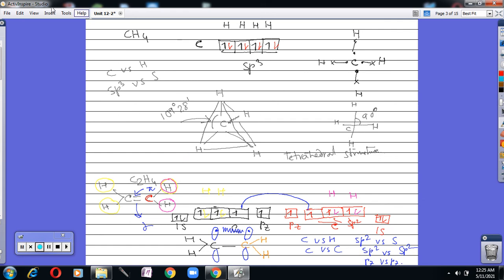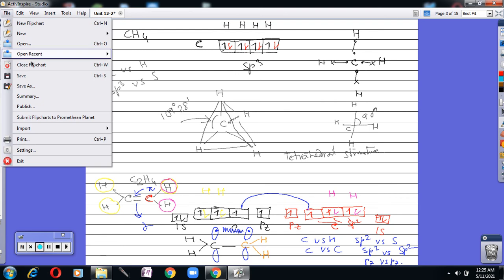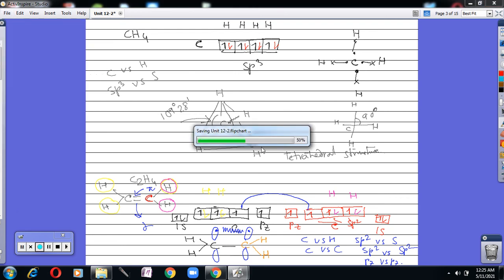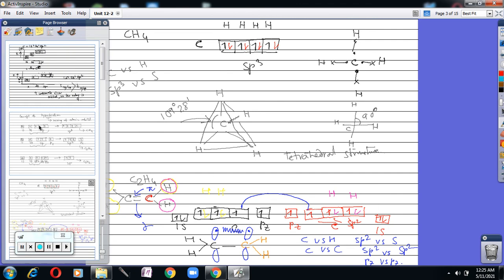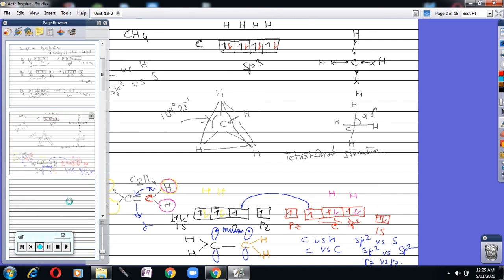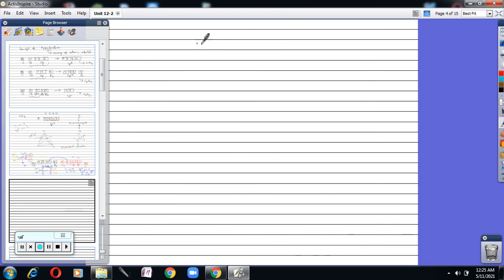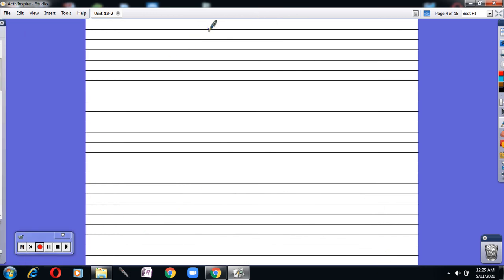Let's see our last example, sp hybridization. Sp hybridization we see in an ethyne molecule having formula C2H2. Very good.